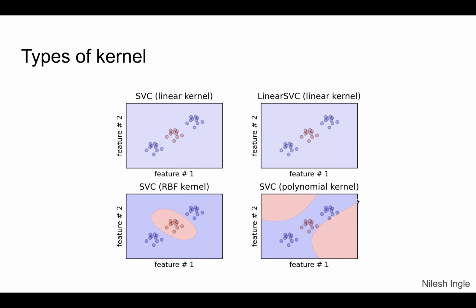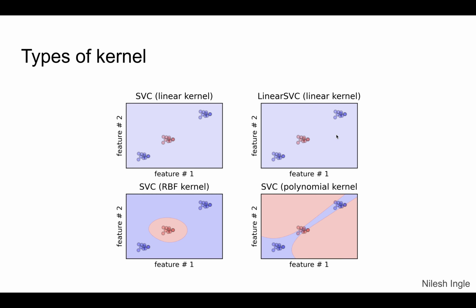Polynomial, I think around 9 degree, was still struggling to get those out. For linear models, this problem was definitely out of reach, and they are not able to classify those two different classes.